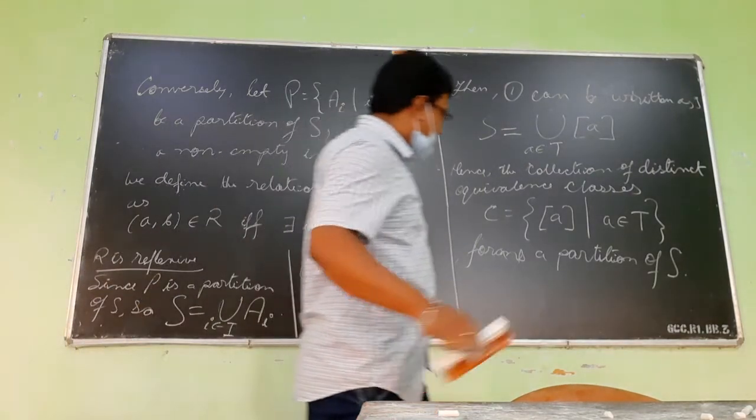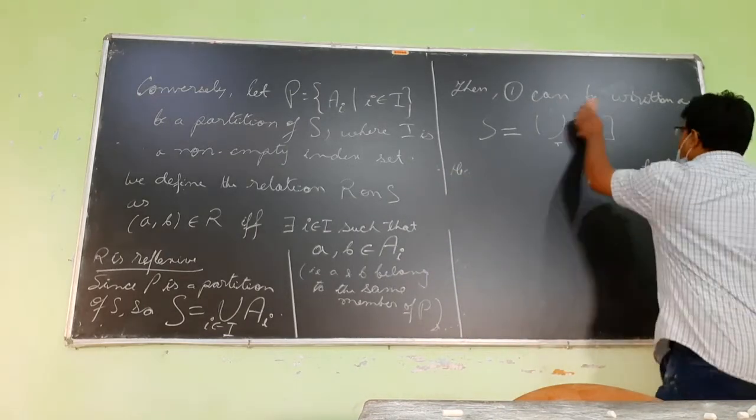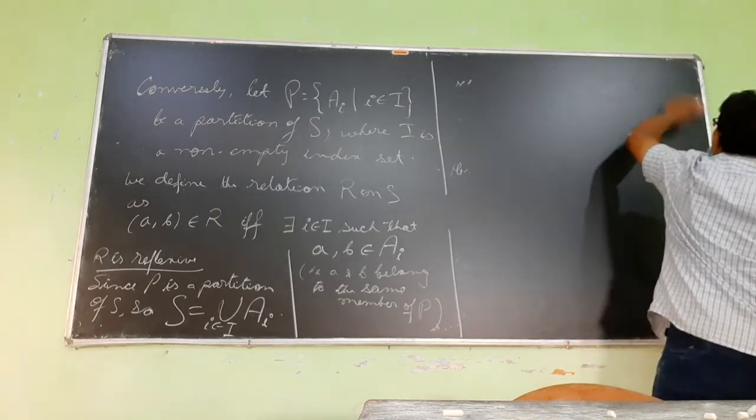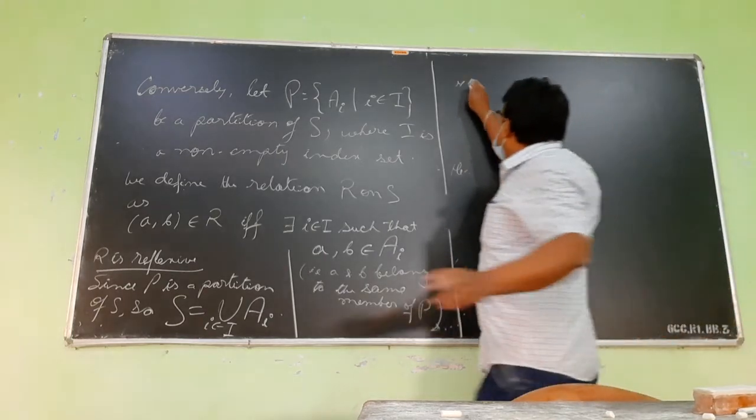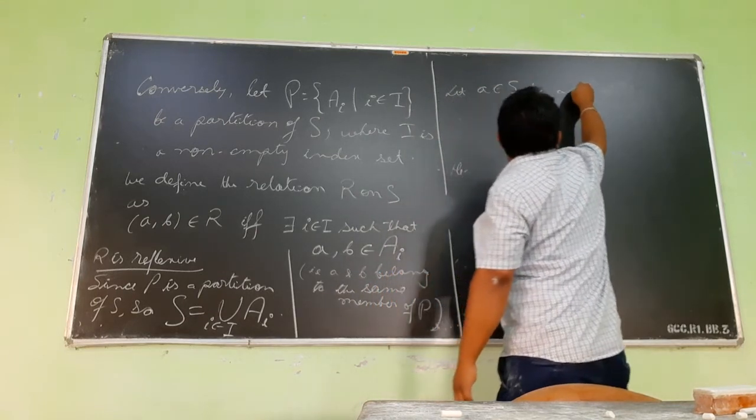Since P is a partition, S is the union of all these sets. So if I take an arbitrary element of S, let A belong to S be any element.